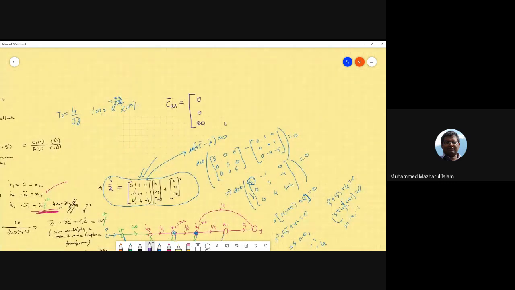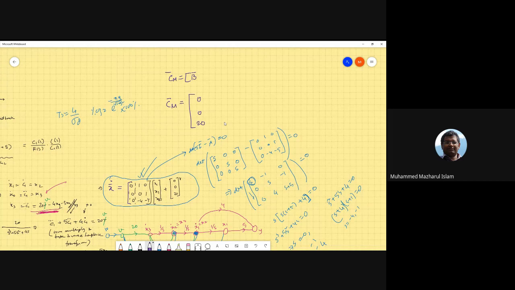You can write it like this: first, you write B, then A B, next A squared B. That's it. You don't need any more components. Remember, it goes up to A to the power n minus 1. If you consider A to the power n minus 1, that's A to the power 2. That's the last term.